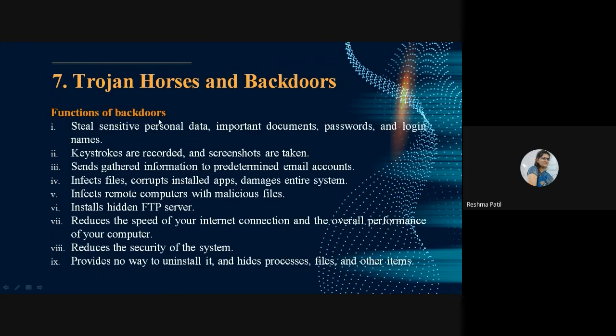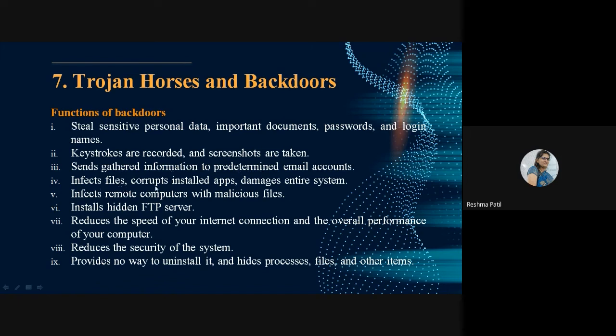Functions of a backdoor. What are the functions of a backdoor? Steal sensitive personal data, important documents, passwords and login names. Then keystrokes are recorded and screenshots are taken. Send the gathered information to predetermined email accounts. Whatever information is gathered will be sent to the predetermined email accounts.